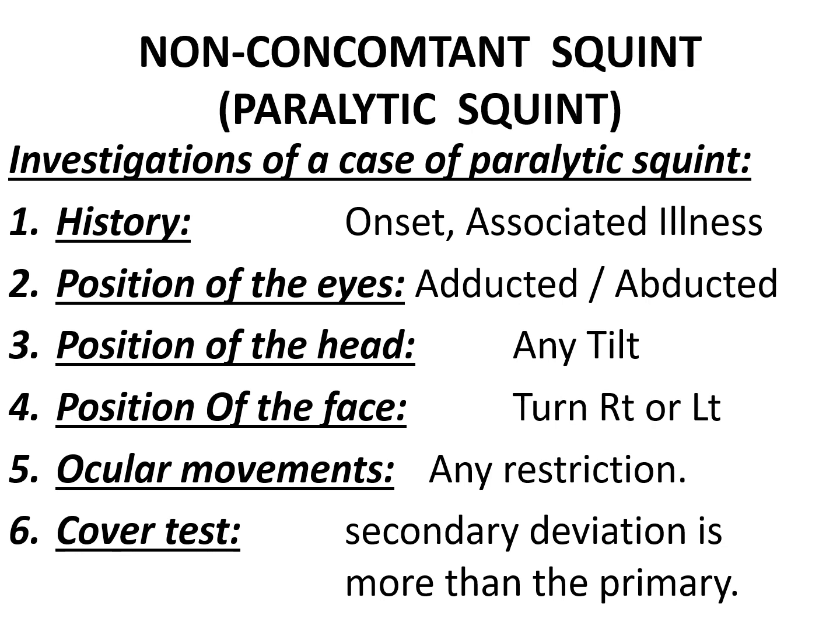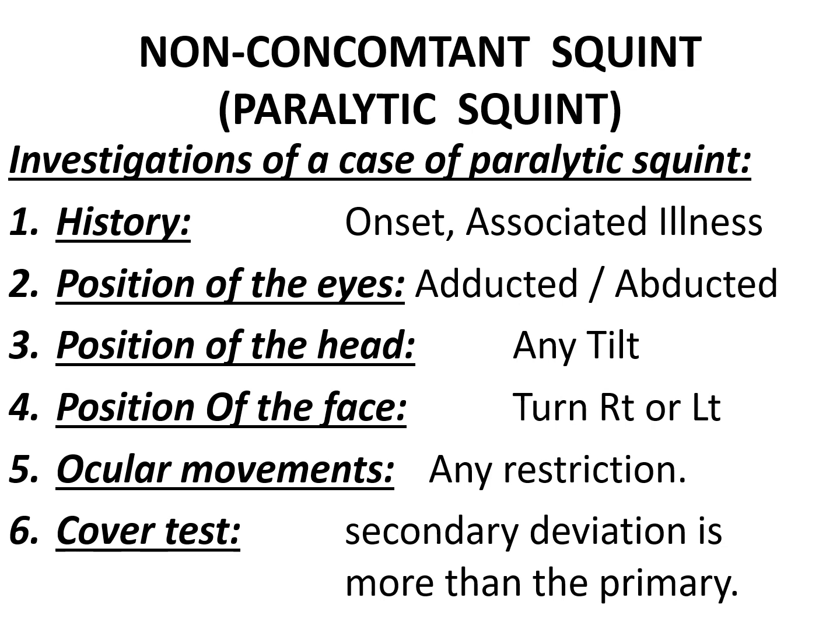How will you investigate a case of paralytic squint? In the first step, take the history: onset, associated illness, onset of diplopia, whether the diplopia is crossed or uncrossed, position of the eyes, whether adducted or abducted, meaning esotropic or exotropic, position of the head, any tilt to the shoulder, or position of the face, whether it is turned towards right or left.